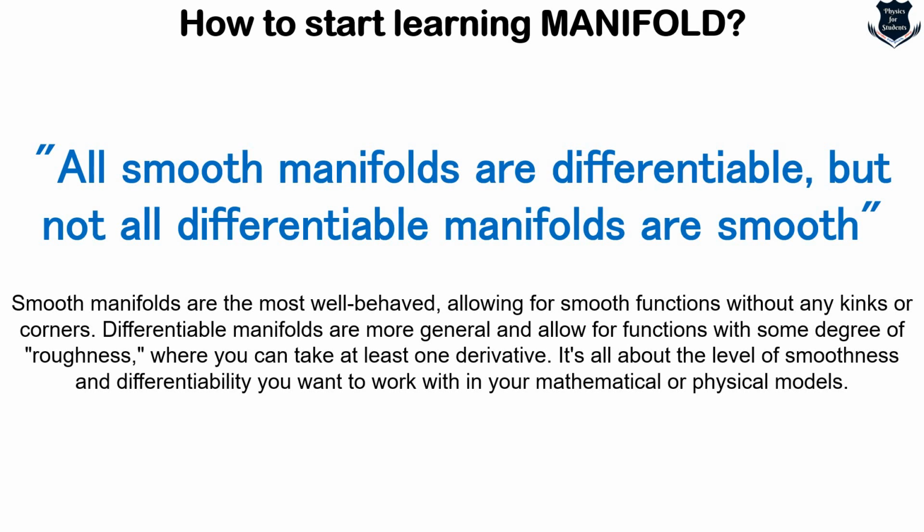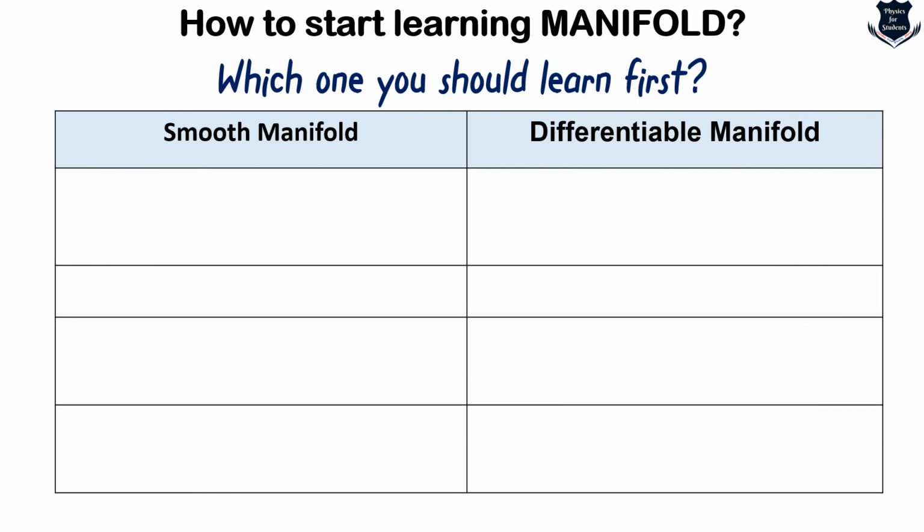So here is an easy understanding. Smooth manifolds are the most well-behaved, and that is why we first start with the well-behaved part, allowing smooth functions without any kinks or corners or rough turns. Differential manifolds are also very good because they are more general in nature with some degree of roughness. So it is all about the level of smoothness and differentiability you want to work with in your physical models.